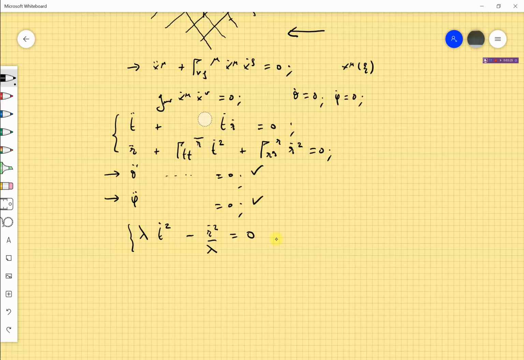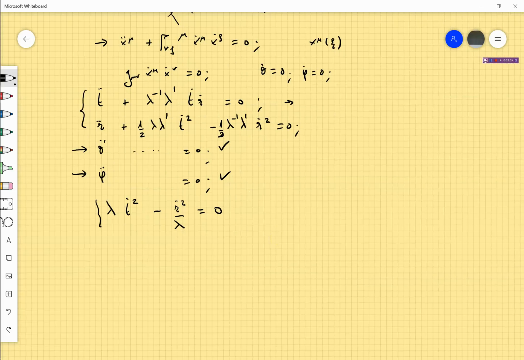So with this factor of 2, what you get here is lambda minus 1 lambda prime, and here it is a half of lambda prime, and these three r's is minus a half of lambda minus 1 lambda prime.